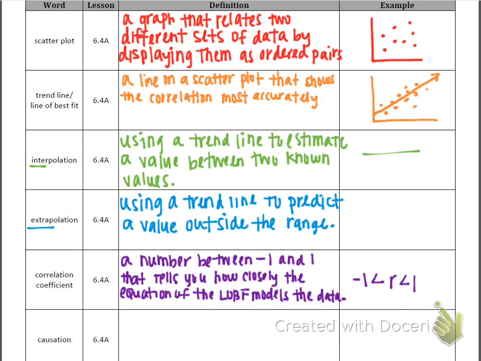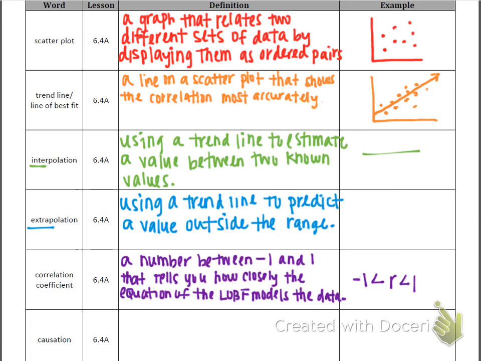Desmos does it for you now. But really what you guys are going to be doing, and it's in your notes, so I'll show you in just a second, I'm going to give you a scatter plot, and then I'm going to give you 4 options for the correlation coefficient, and you just have to estimate it. So it's going to be pretty easy. But you need to understand what it means, like what the number actually means.